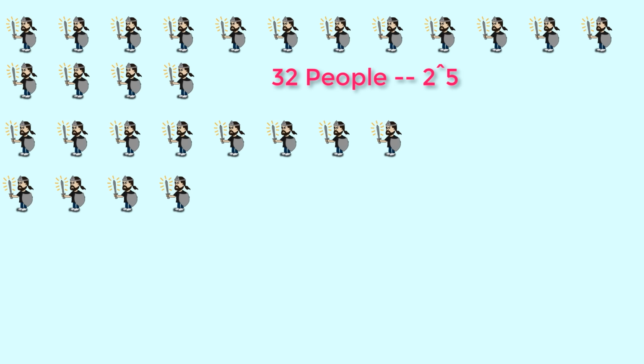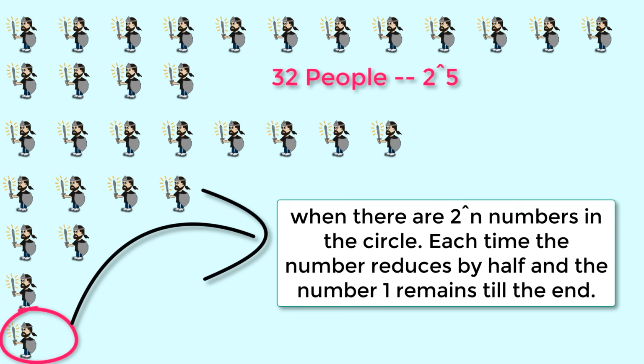In the fourth round, out of 4 people, 2 die and the remaining will be 2. And finally, in the final round, out of 2 people, 1 person dies and person 1 is the remaining one. Here the most important point to remember is, when there are 2 to the power of n people in the circle, each time the number reduces by half and the number 1 remains till the end.